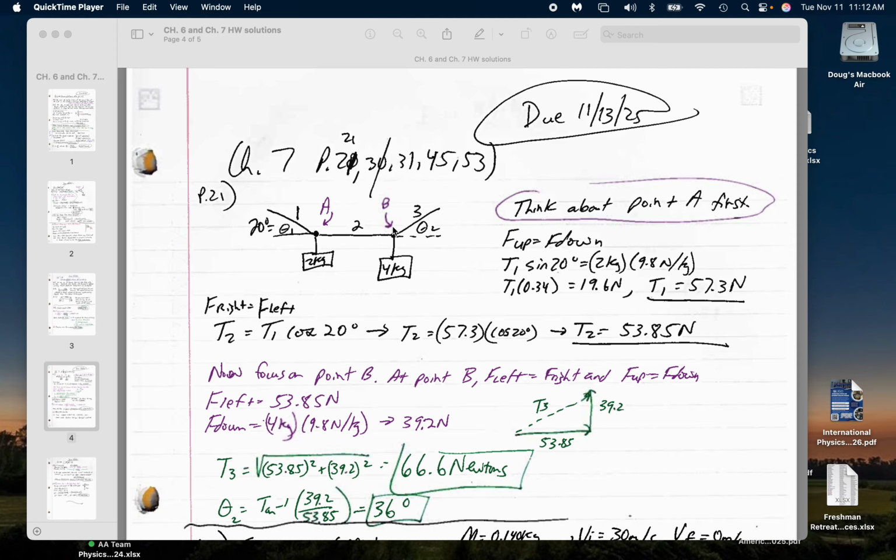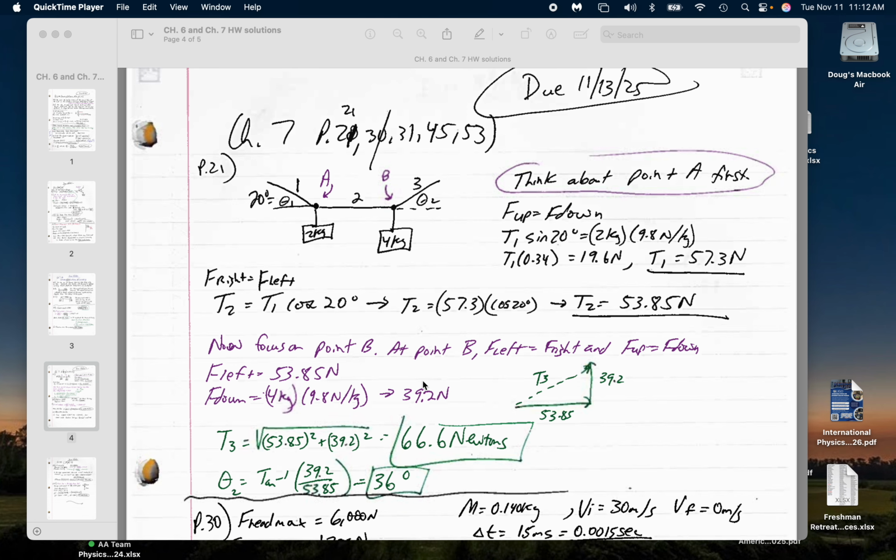Now I'm going to move over here. So when I want to focus on this, I know that since the leftward component of this is 53.85 newtons, the rightward component is also 53.85 newtons. If this has a mass of 4 kilograms, I know that the downward force is going to be 39.2 newtons because that's the weight of this object. And therefore the upward component on this also has to be 39.2 newtons.